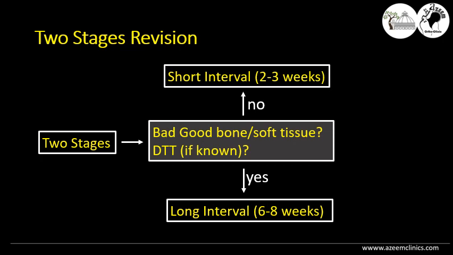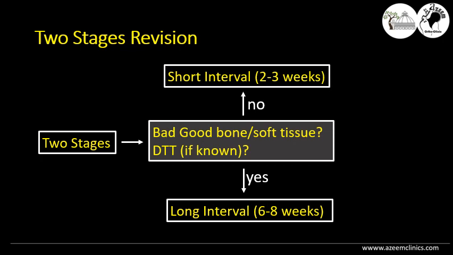In cases of two-stage revisions, we have two strategies, either a short interval or a long interval. This depends, again, on the quality of soft tissue, as well as the virulence of the bacteria. Short interval means that the interval between the two sessions, the debridement and the implantation, is almost 1 month.